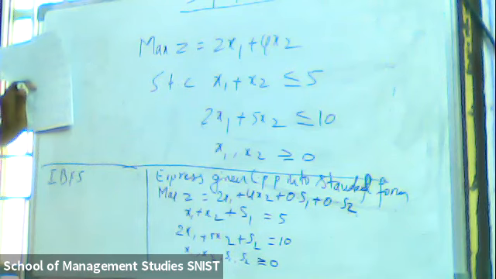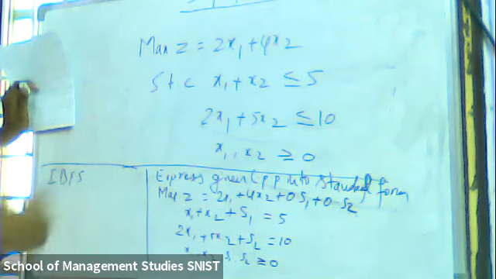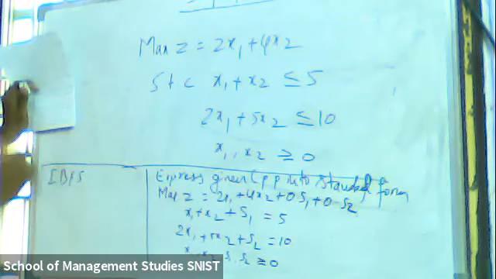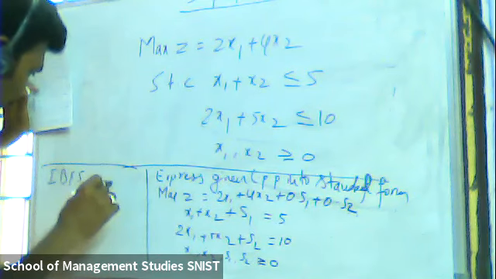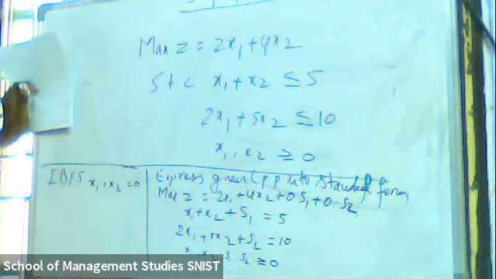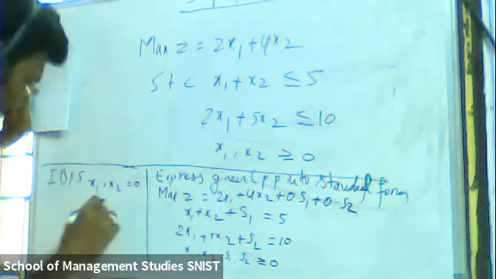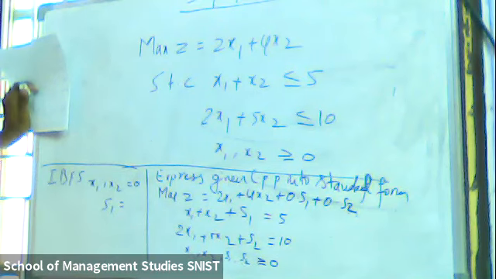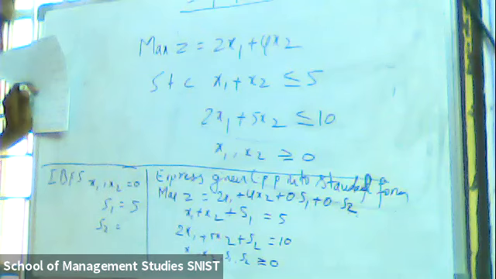So this is the second step. Based on the constraints, we assume x1 and x2 are 0, x1, x2 equals 0. Now s1 becomes 5, exactly, and s2 becomes 10.